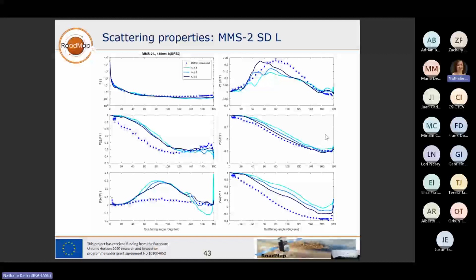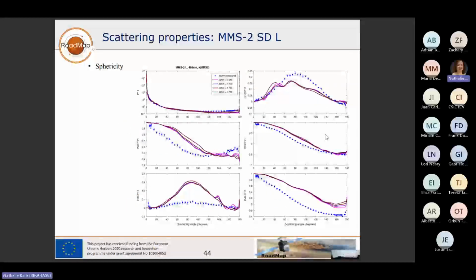In this case, in the blue, this is MMS2L, the 1.6 real part would actually produce a closer fit to the measurements. And what I wanted to test as well was the sphericity parameter. How much do the results change when I change the sphericity? I noticed it doesn't really change much. So I just decided to stick to the smallest value since it seems to be the closest to the measurements.